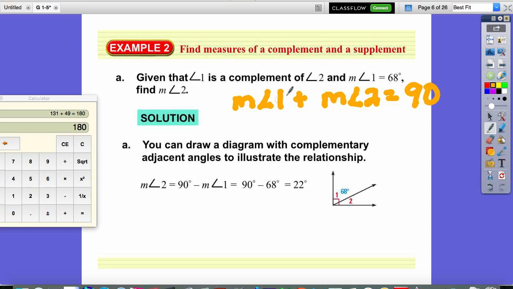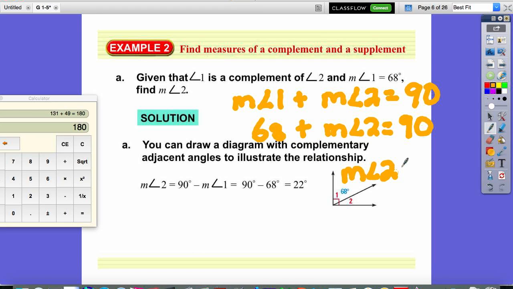So if the measure of angle 1 is 68, 68 plus the measure of angle 2 is 90. Subtract 68 from both sides, and the measure of angle 2 is 22.